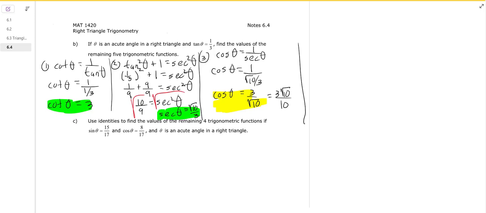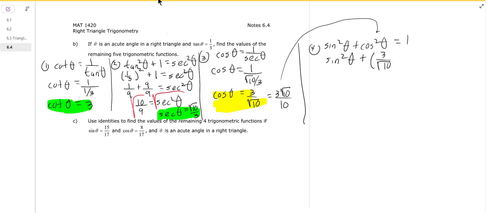So let's do it this way. There's more than one way we could do this, but let's just do it this way. Sine squared theta plus cosine squared theta is equal to 1. So I now know what the cosine is. It doesn't matter which, let's plug in the unrationalized. So sine squared theta plus 3 over root 10 squared equals 1.